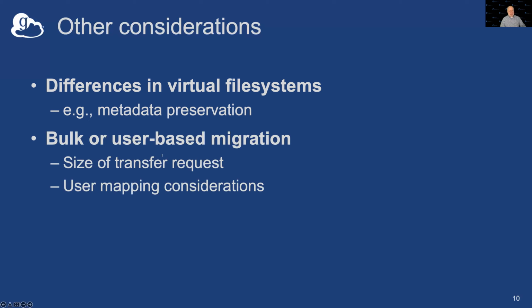The other thing to consider is we've seen institutions doing things either in bulk, so having the entire or a good chunk of the storage from one system move to another. In some cases, we've seen them sort of hand that off to the users and do it user by user. A lot of this has to do with the size of the transfer request.